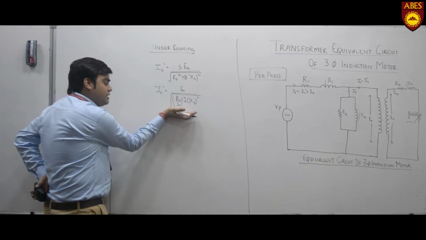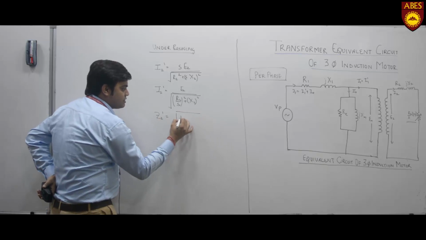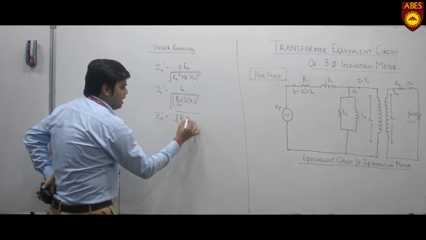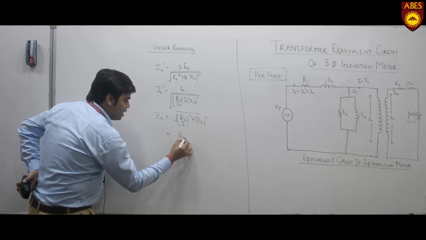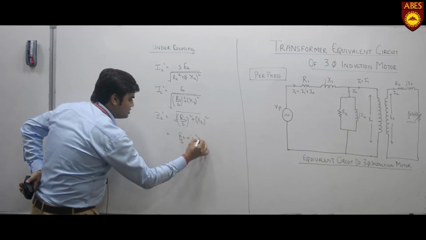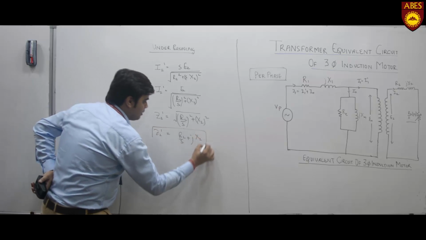Further, I can see this as an impedance, Z2 dash, which has a real and an imaginary part and can be written as R2 by S plus JX2 in rectangular form.